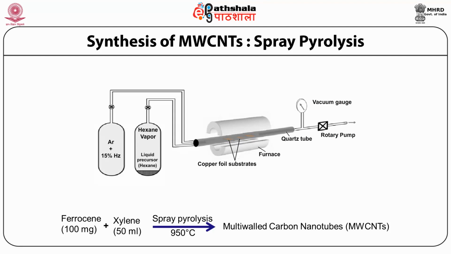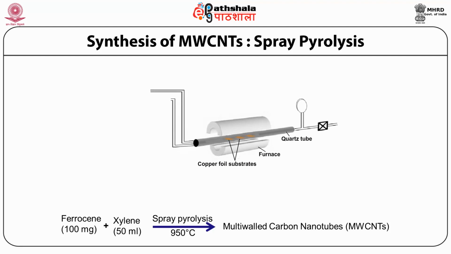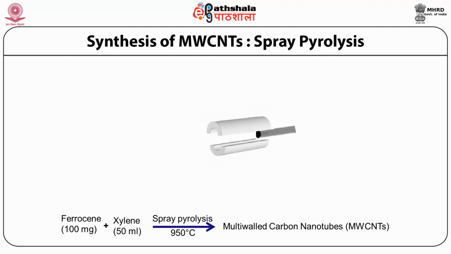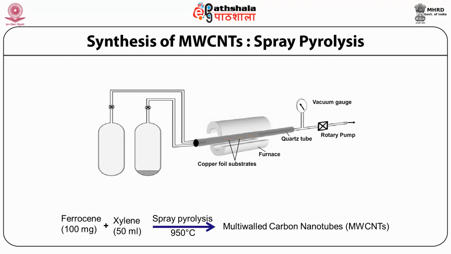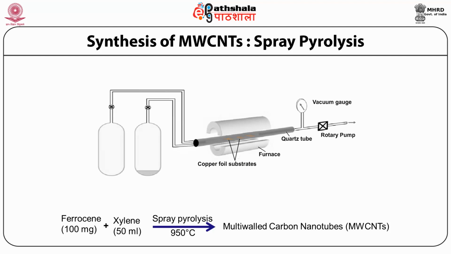In this case, we use a smaller diameter silicon dioxide tube, where we put argon as a carrier gas, maybe some percentage of hydrogen also in the mix so that oxidation will not take place, and use xylene vapor mixed with ferrocene and spray this with a specific nozzle inside the furnace, which is heated to around 1000 degrees Celsius.